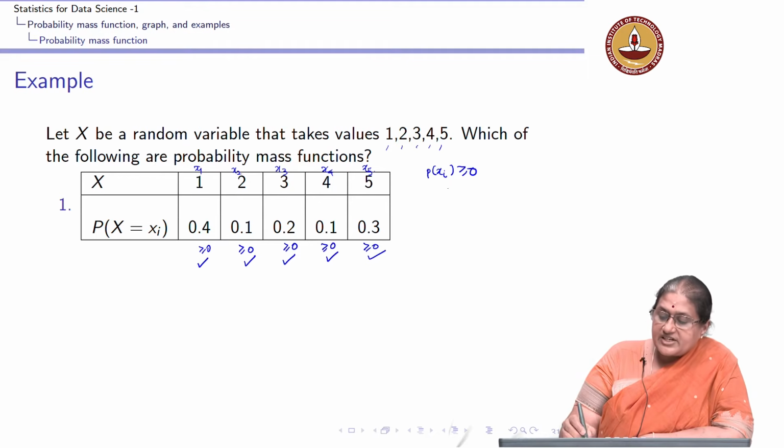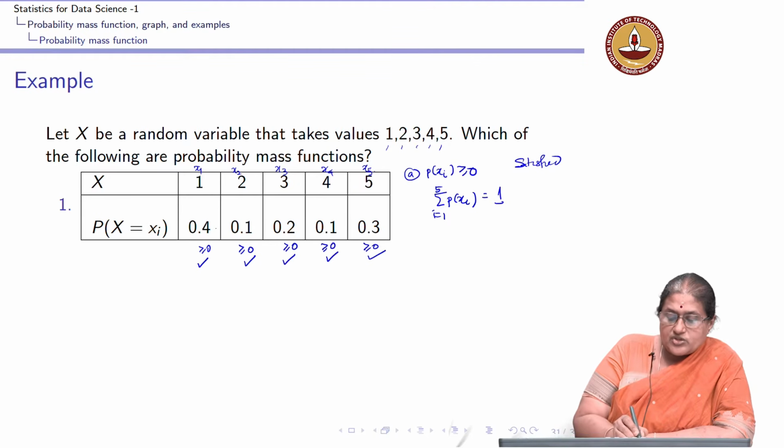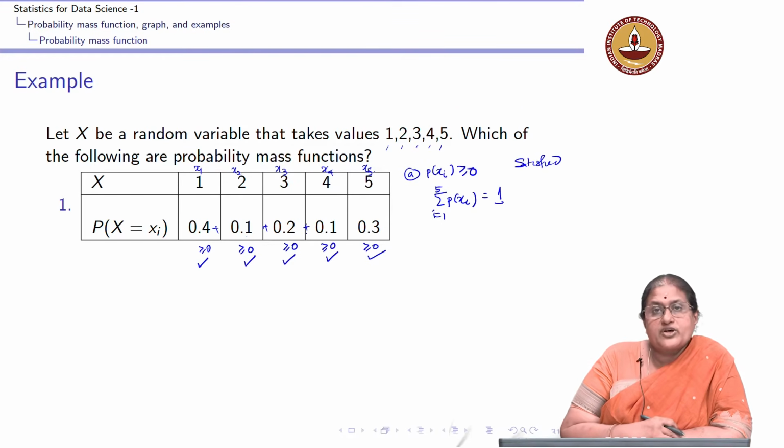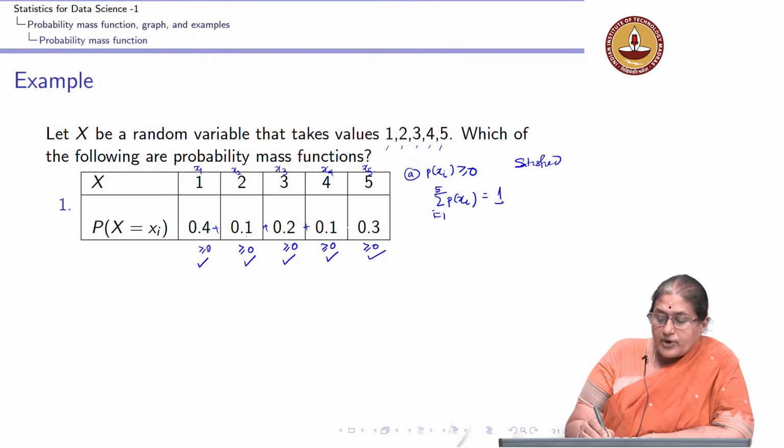So the first condition is satisfied. Now, the second condition is I need to check whether the sum of probabilities, i going from 1 to 5, is equal to 1. So, I have 0.4 plus 0.1 which is 0.5, 0.5 plus 0.2 which is 0.7, 0.7 plus 0.1 which is 0.8, 0.8 plus 0.3 which is 1.1.